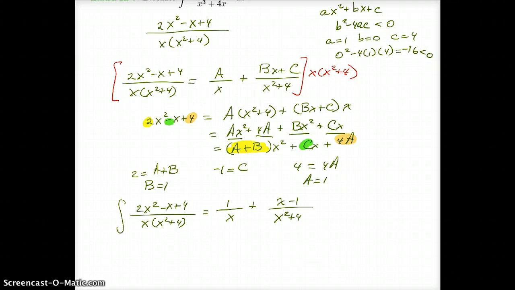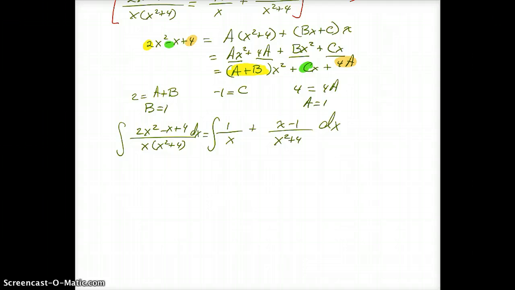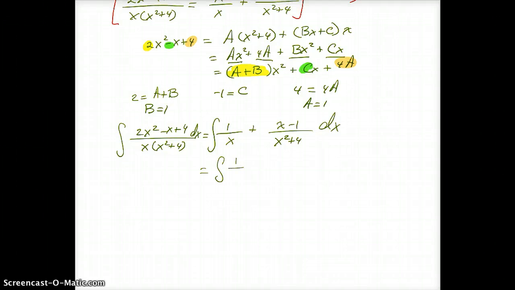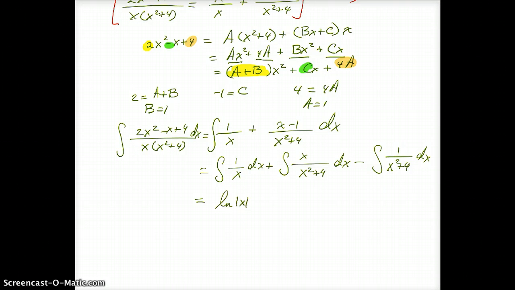So if I want to integrate that, I can split this up into the integral of 1 over x plus the integral of x over x squared plus 4, and then minus the integral of 1 over x squared plus 4. And the first one is the natural log of x.